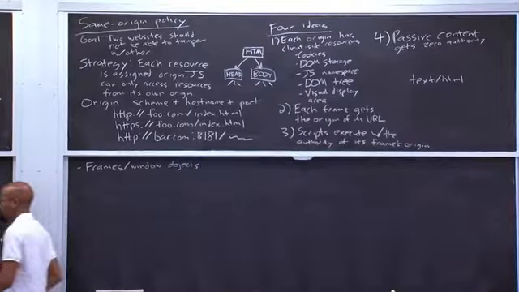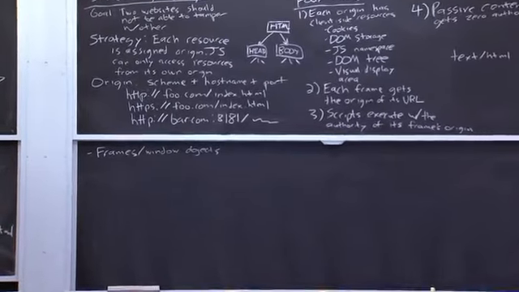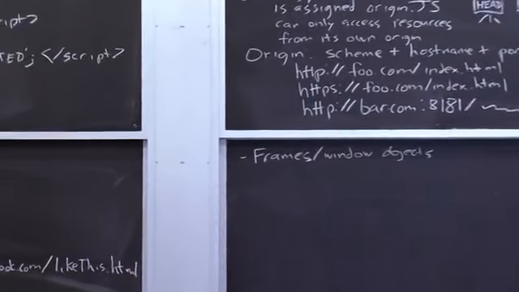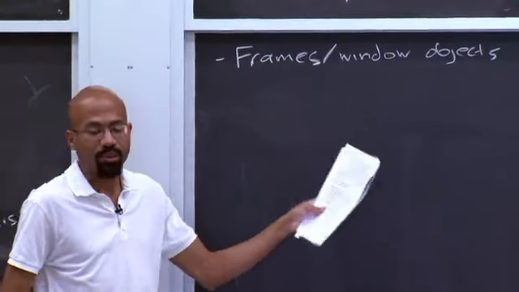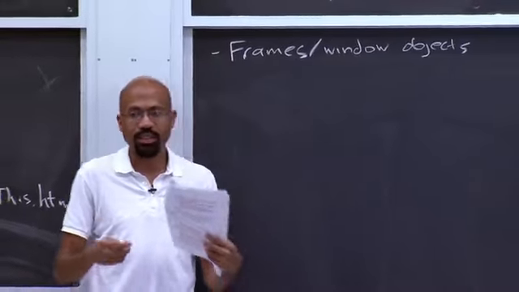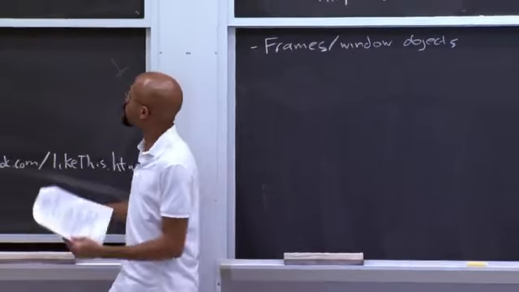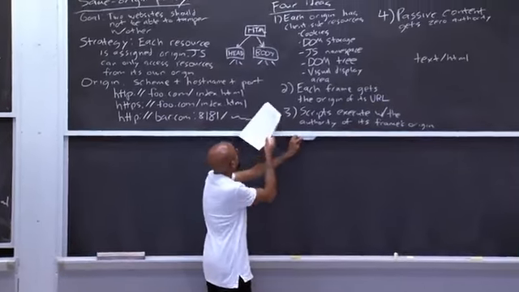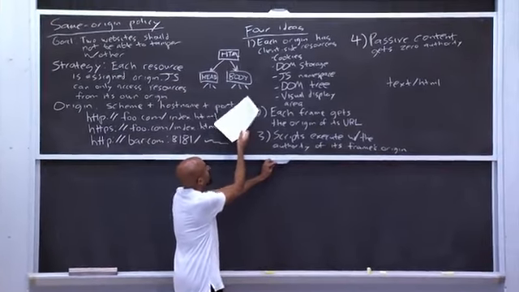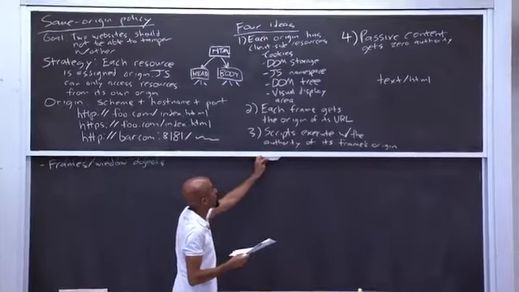So frames represent these separate JavaScript universes that we discussed over here. I mean, implementation-wise, a frame with respect to JavaScript is an instance of a DOM node, right? So I forget where I drew. Oh yeah, this DOM node up here. So the frame would exist as a DOM node object somewhere in this hierarchy that's visible to JavaScript.